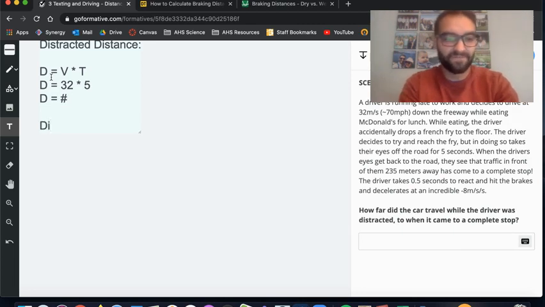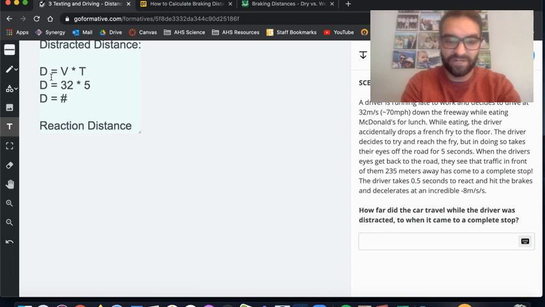Then you take your reaction distance, how far did the car travel in the half a second the driver was trying to react. So this is still d equals v times t. Hopefully that's convenient.